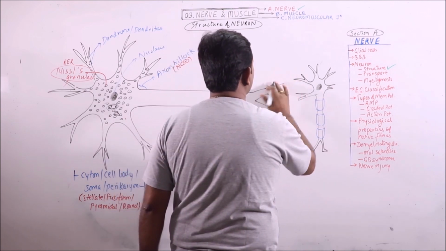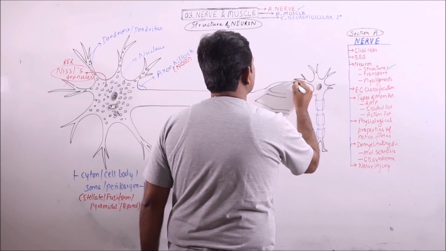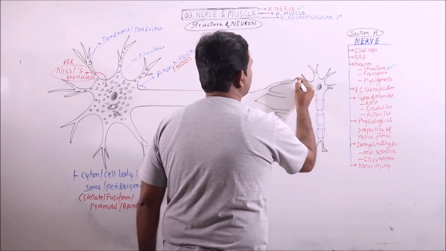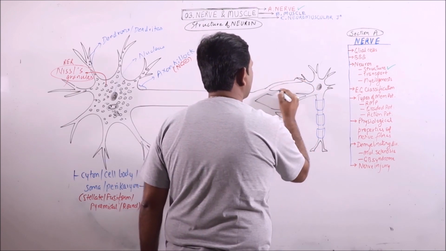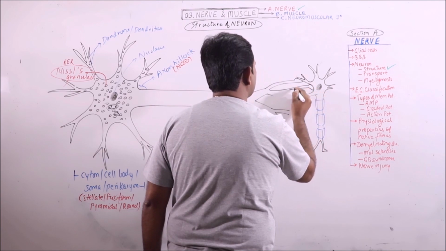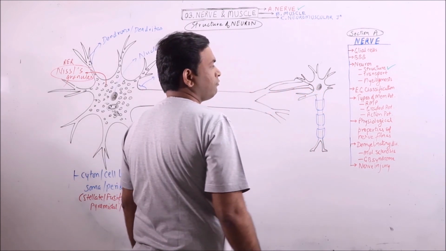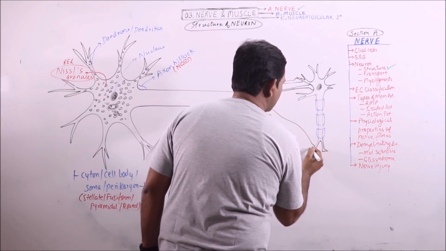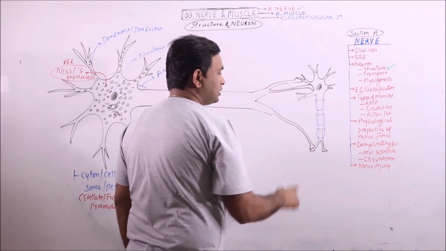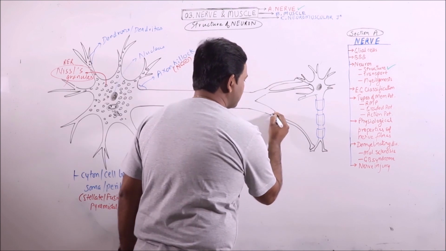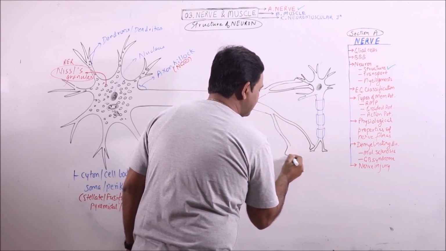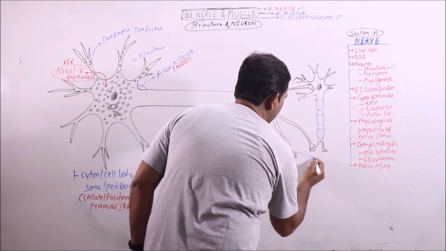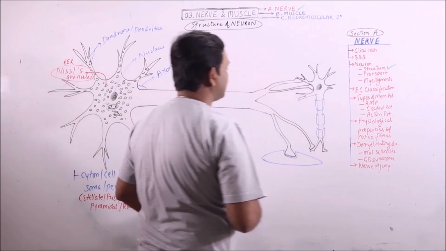These branches can end on the dendrites of another neuron or on the cyton of another neuron, or these may end on the axon terminal of another neuron, or these may end on muscle also, muscle cell, that is sarcolemma of a muscle cell. This is a muscle cell.